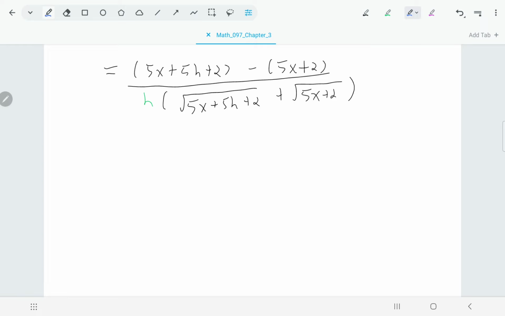I'm going to have, same as before, the 5x and the 5x, those will cancel each other out just nicely. I'll have a 2 minus a 2, those will cancel each other out, which means that in the numerator, all I'll have left is 5h, and in the denominator, I'll have h times my 2 roots.